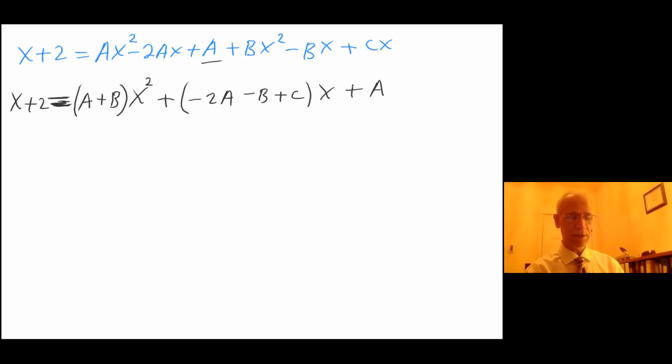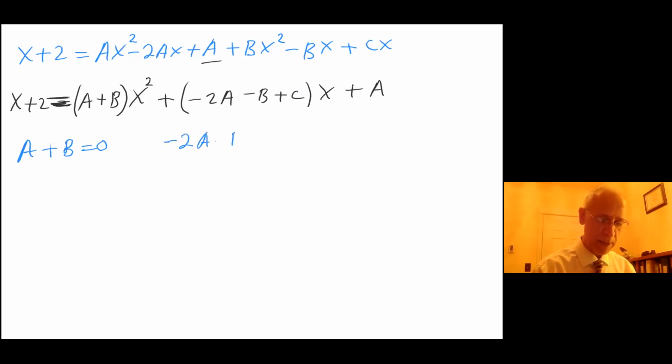Okay, so notice that once again, for this equal sign to hold true, since I don't have x squared on the left-hand side, A plus B must equal 0. And then minus 2A minus B plus C must equal 1, because the coefficient of x on both sides must be the same.